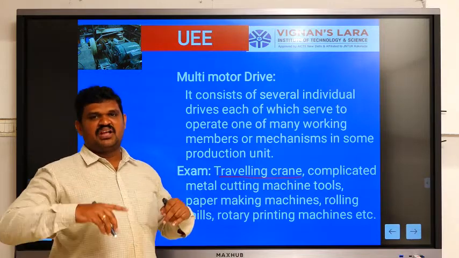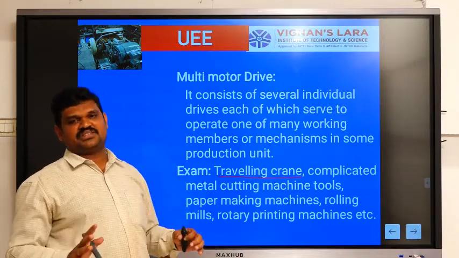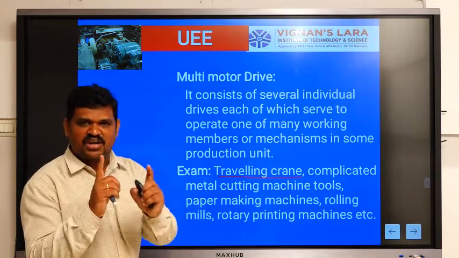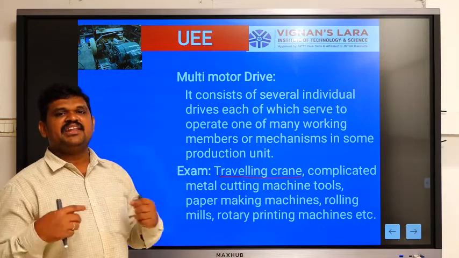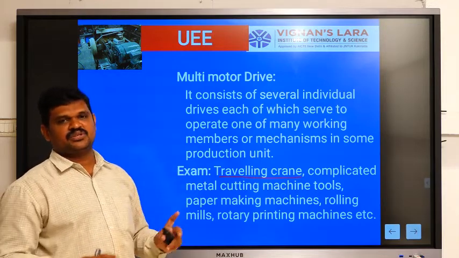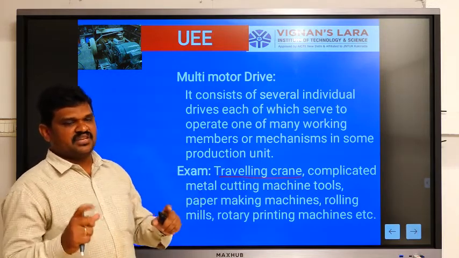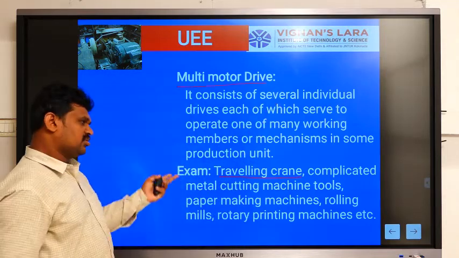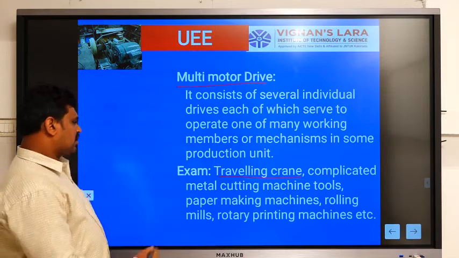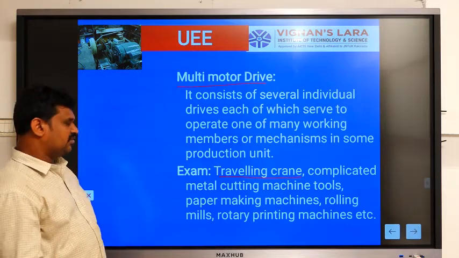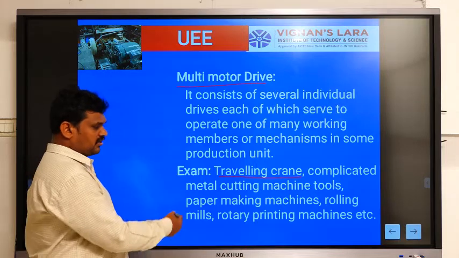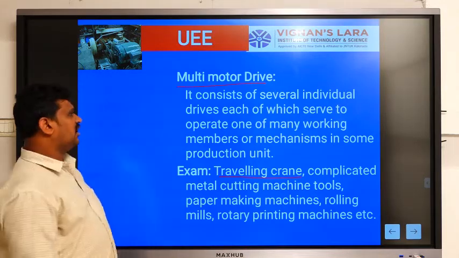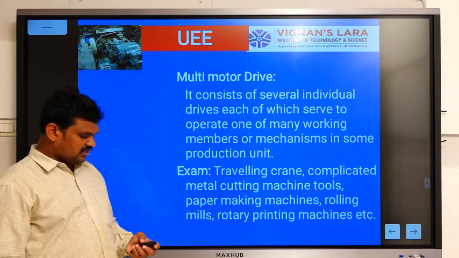For that function, many motors will work. Then only it will move. So for completion of one function, many motors are working. For that reason, this drive is called the multi-motor drive. Traveling of crane, complicated metal cutting machine tools, paper making machines, rolling mills, rotary printing machines are examples of multi-motor drives.